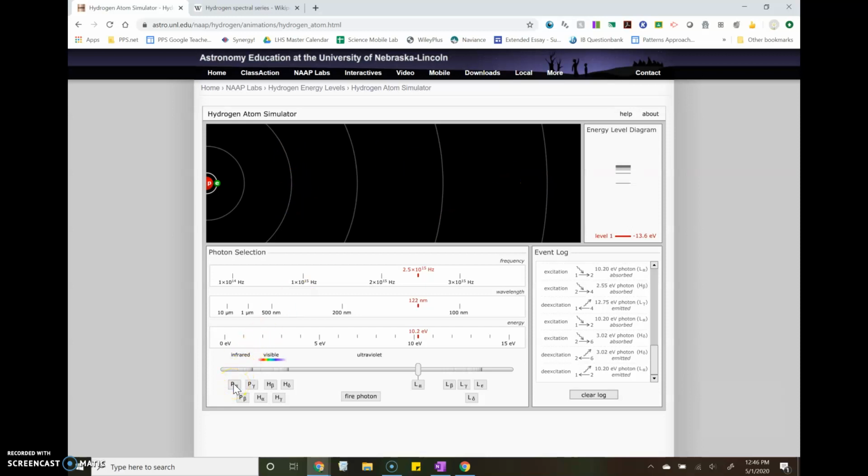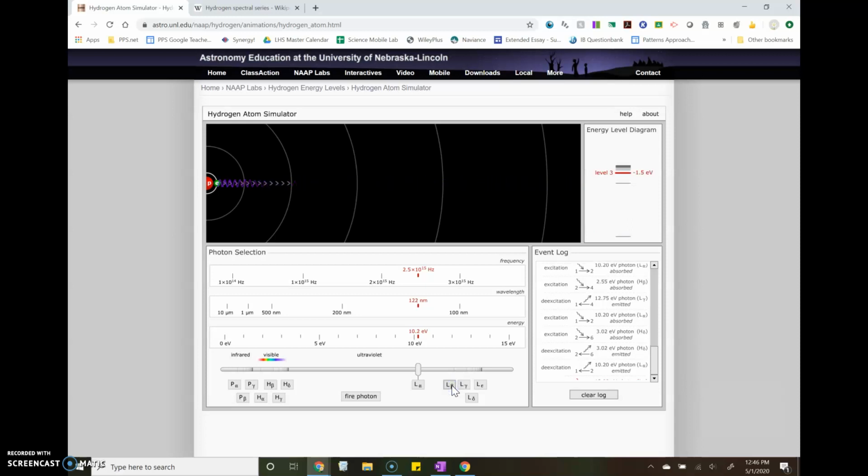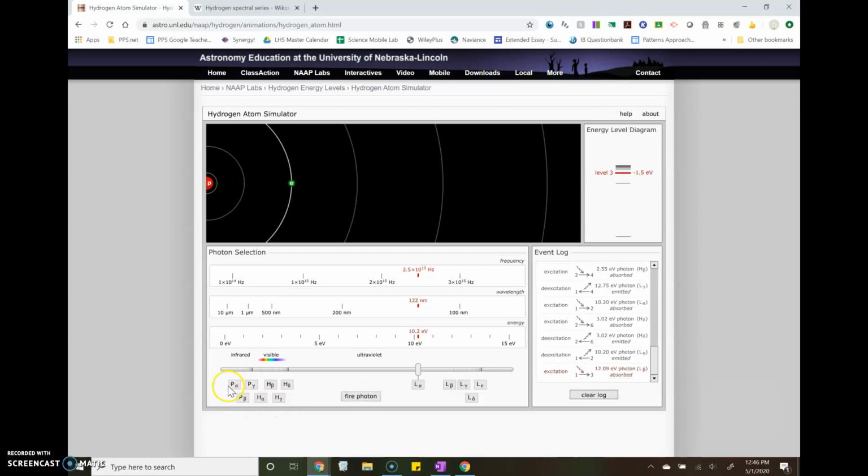Again, the alpha series will excite 1 energy level, beta will excite 2 energy levels, gamma will excite 3. So let's try it. We want to get our electron to the second excited state, so n equals 3. So I'm going to hit L beta, and then P alpha, and it should jump up to the next one.